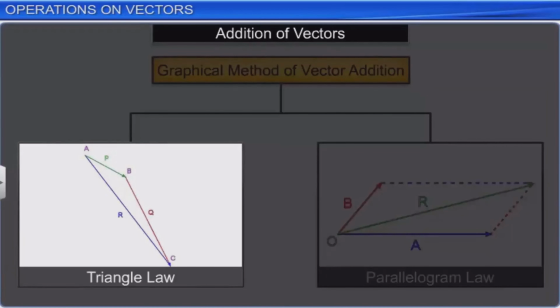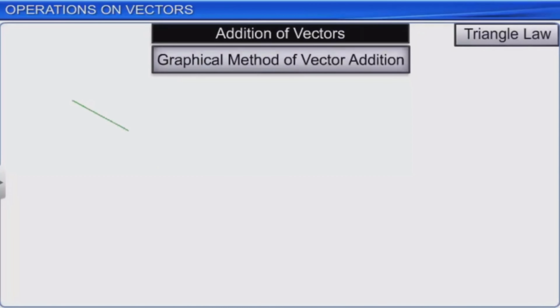Consider two vectors P and Q lying in one plane. Draw a line AB parallel to P. The length of AB is equal to the length of P. Display an arrowhead at B. A is known as the tail of P and B is known as the head of P.